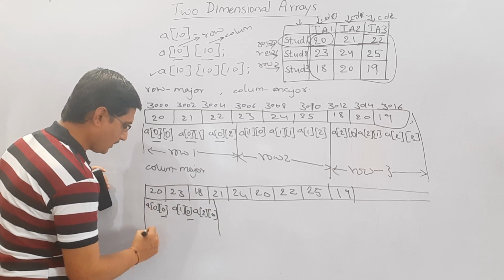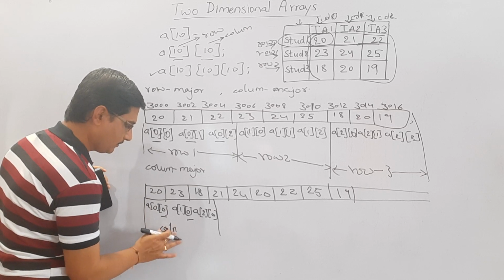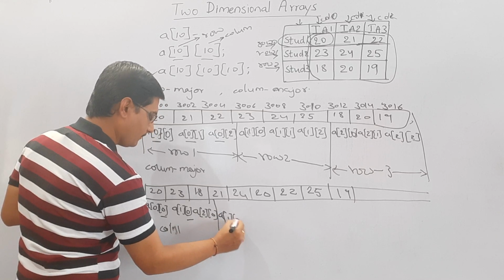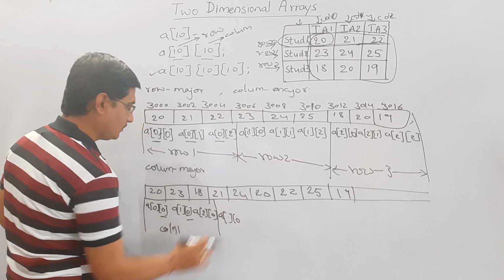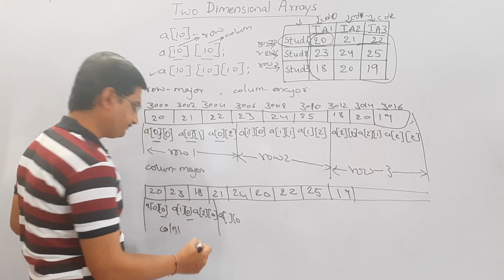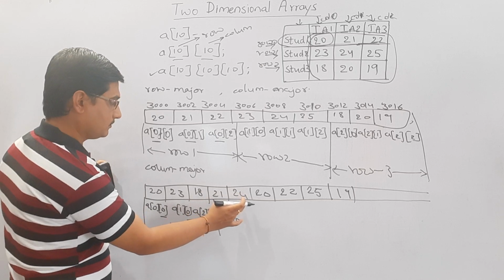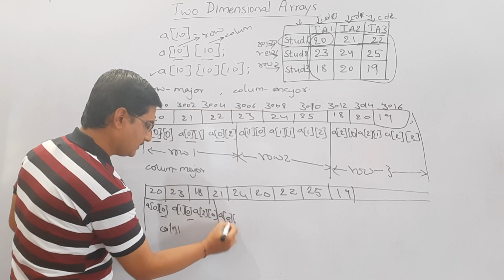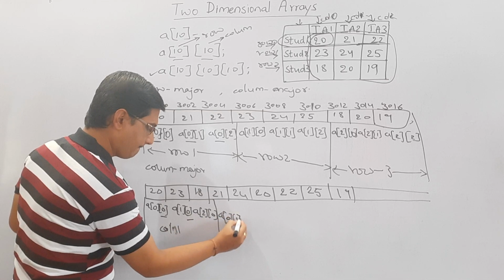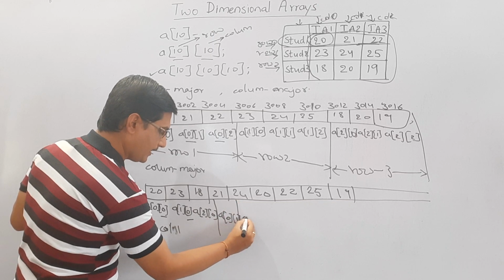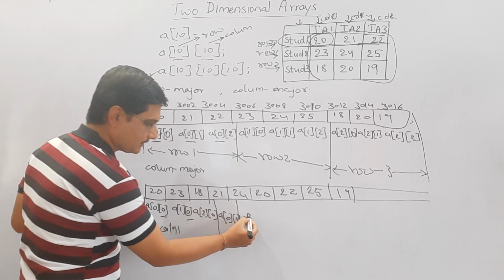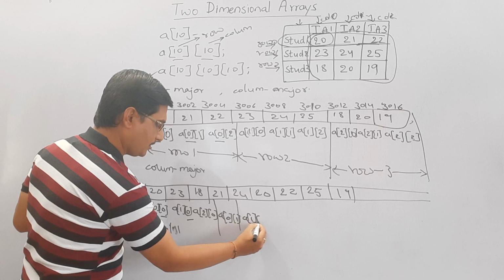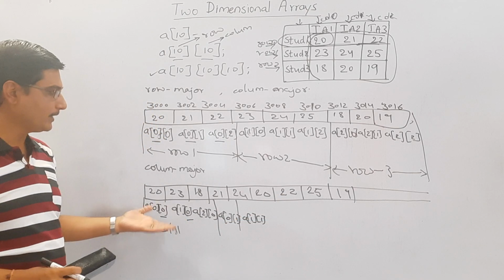So this is the first column. 21 is column number 1 and still it is in row 0. The next item is A of 1, 1, and so on. This is how we arrange the elements.